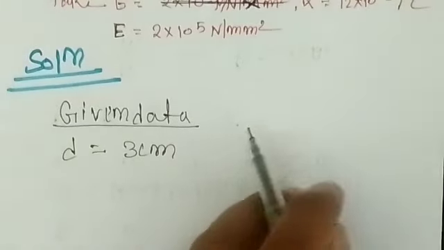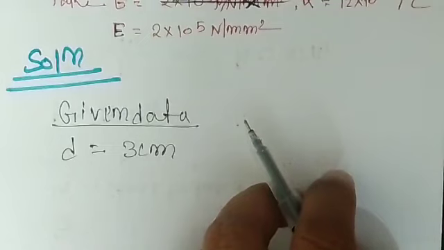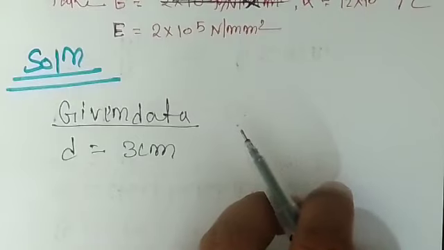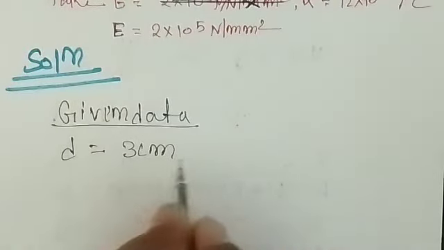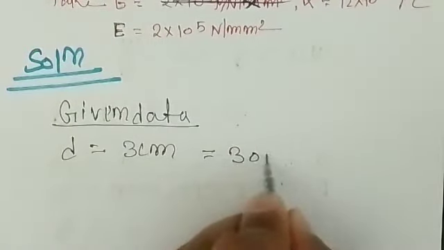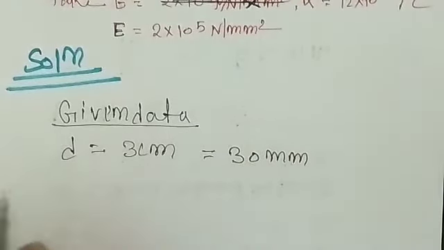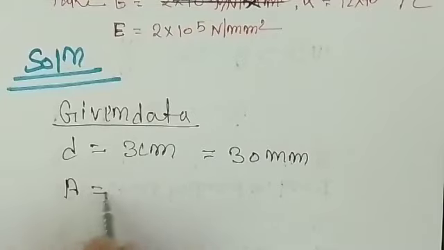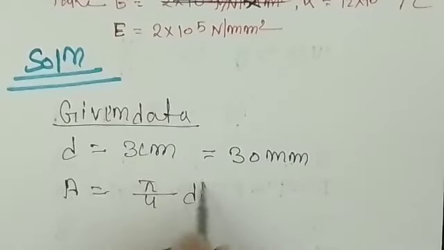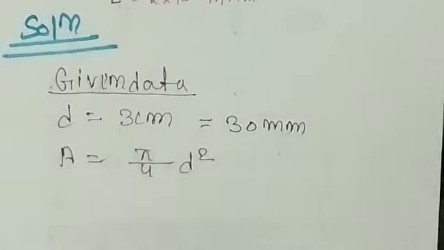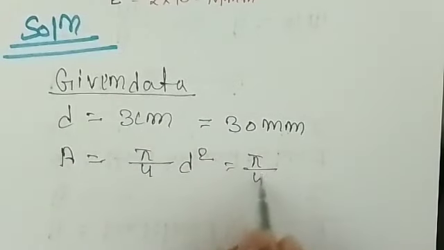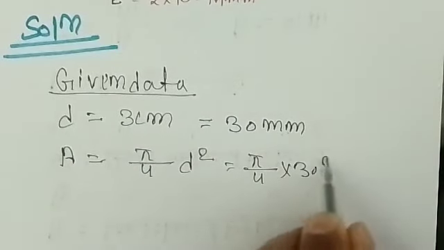We can convert this into millimeter, because most of our calculation in strength of materials is in terms of millimeter only. So 3 centimeter is equal to 30 millimeter. Then you can find the area. The area of the rod is pi by 4 into d square, which is nothing but pi by 4 into 30 square, right?